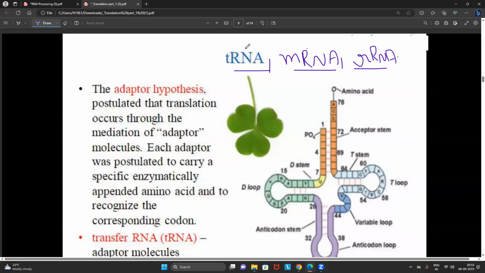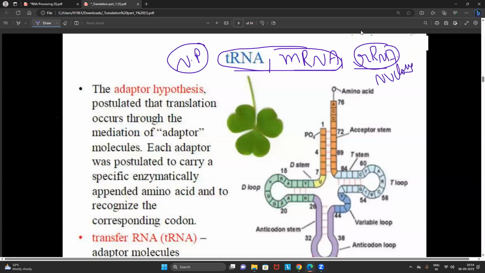Every student commonly knows that tRNA and mRNA are synthesized in the nucleoplasm, and rRNA is synthesized in the nucleolus. Now all of them come to the cytoplasm. Why? Because all have to be assembled in the cytoplasm. Then only protein synthesis will occur.